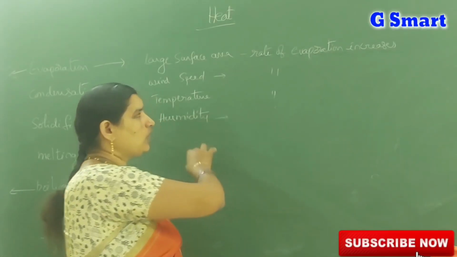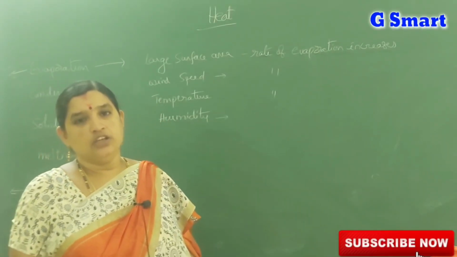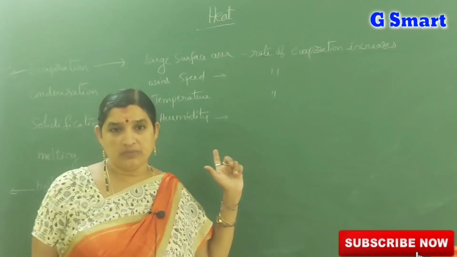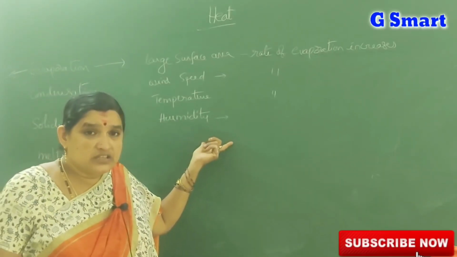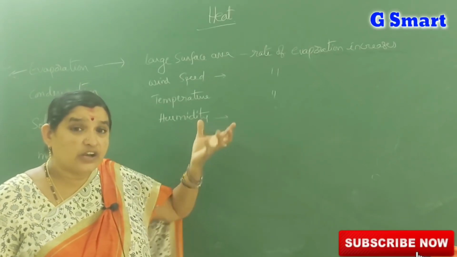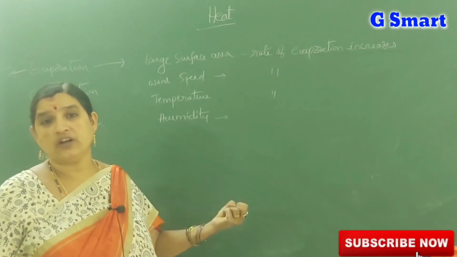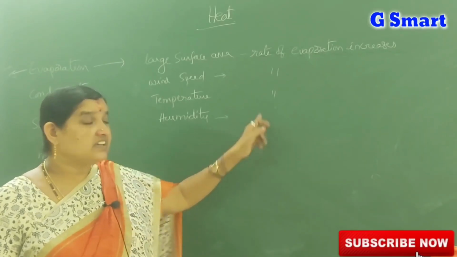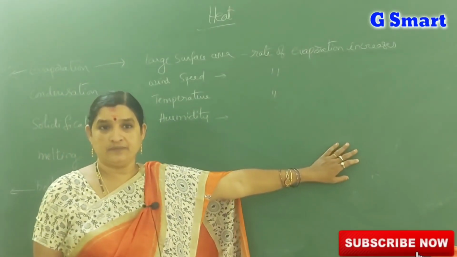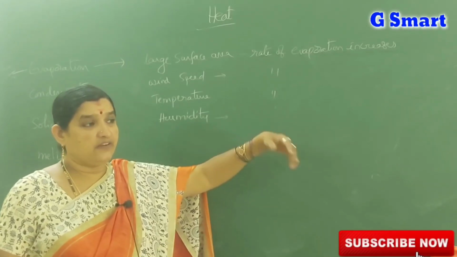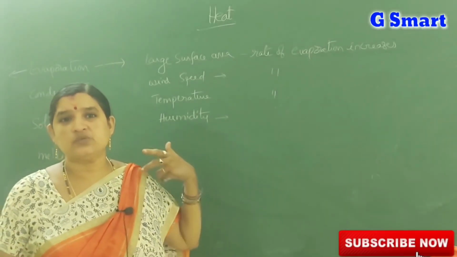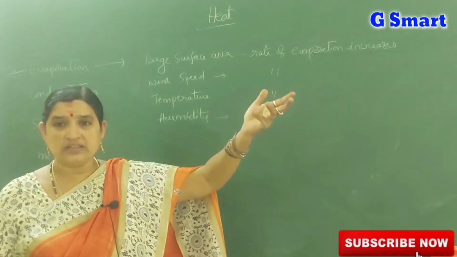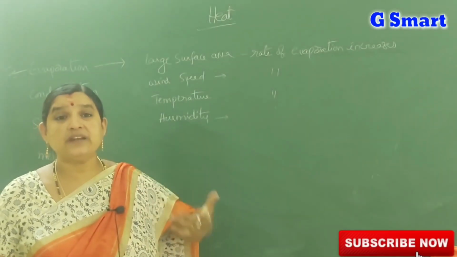Next, humidity. What is meant by humidity? Humidity means the amount of water vapor present in the atmosphere. When humidity is more, the atmosphere is not ready to receive more water vapor from the surroundings. So humidity decreases the rate of evaporation. If you observe, when rain is falling we also feel sweaty inside the room. Why? Because rainfall means it is actually a cool atmosphere, but we feel sweaty inside the room.